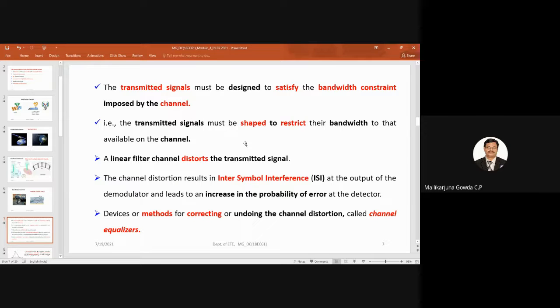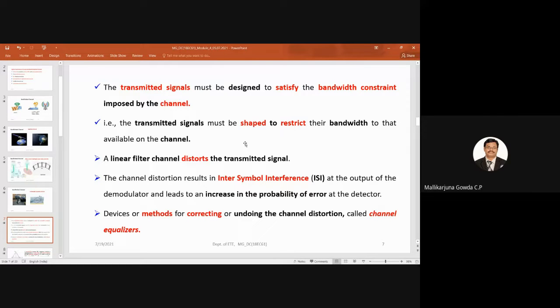As the signal is transmitted through the channel, it gets distorted. That distortion leads to intersymbol interference, I said, right? Because of that intersymbol interference at the demodulator side, there will be an increase in the probability of error at the detector side.